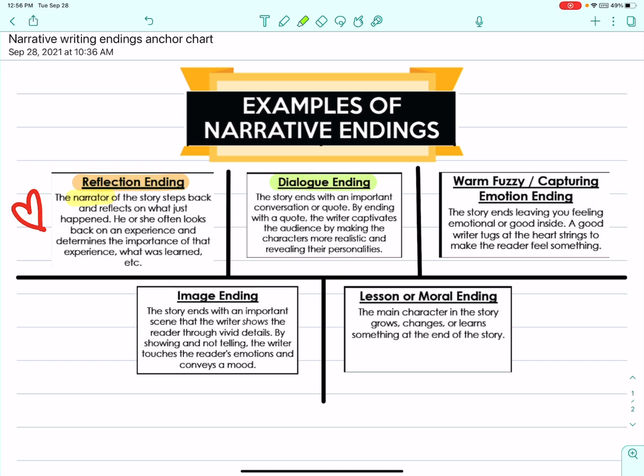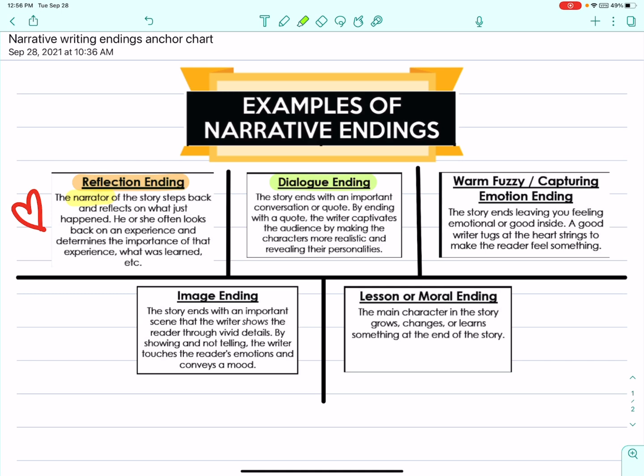So you can have the character have a conversation with somebody that shows the ending. You could have your character reflect using dialogue, but what could they maybe talk about if you had a dialogue where your character and someone else was having a conversation?